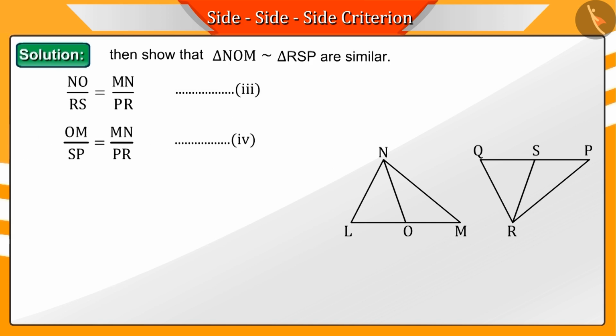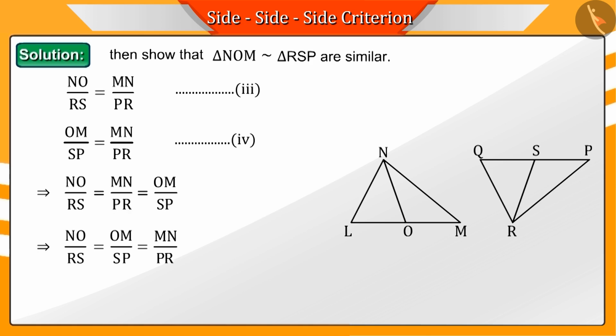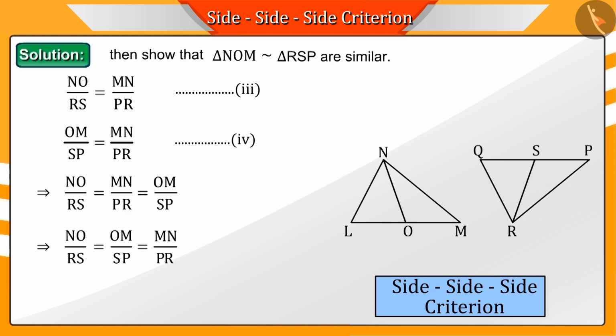If we compare equations 3 and 4, then we get NO by RS equals MN by PR equals OM by SP. Therefore, by SSS criteria, we can say that triangles NOM and RSP are similar.